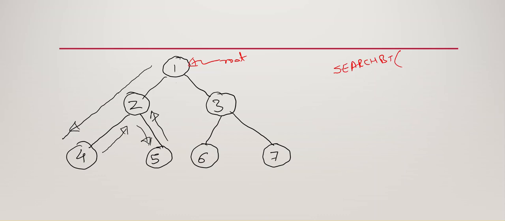We will be passing two things: one is the root node and another one is the data. In this particular case the data is the value 6, just a value, and in case of root we will be passing node 1. Now this is a node, not just an integer value.